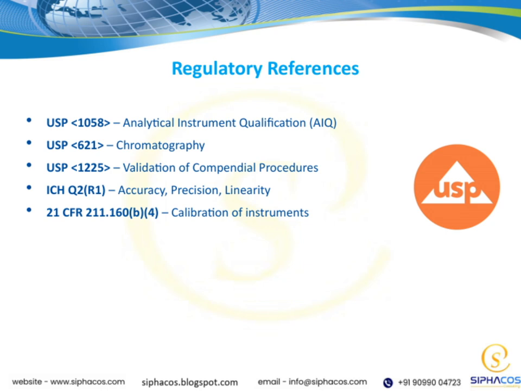Then, we have USP 1225, which deals with the validation of compendial procedures, ensuring our methods meet the necessary standards for accuracy and reproducibility. Moving on, ICH Q2(R1) provides guidelines on parameters like accuracy, precision, and linearity, which are critical for validating analytical methods across different stages.